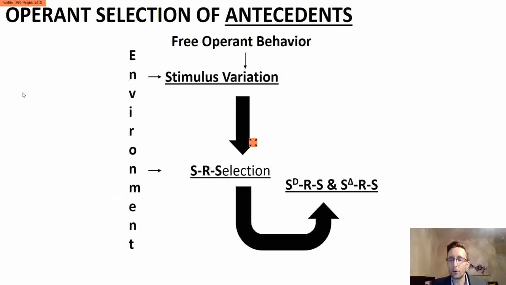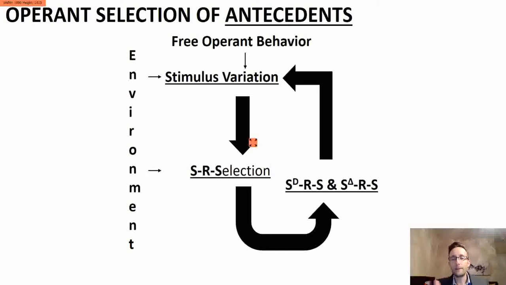So the S delta is an extinction condition. That means it's correlated with the unavailability of the reinforcer for the behavior. However, a different stimulus is correlated with the availability of the reinforcer for the behavior. This is an SD. And sometimes a particular stimulus is an SD and its mere absence is an S delta. Sometimes it works that way.